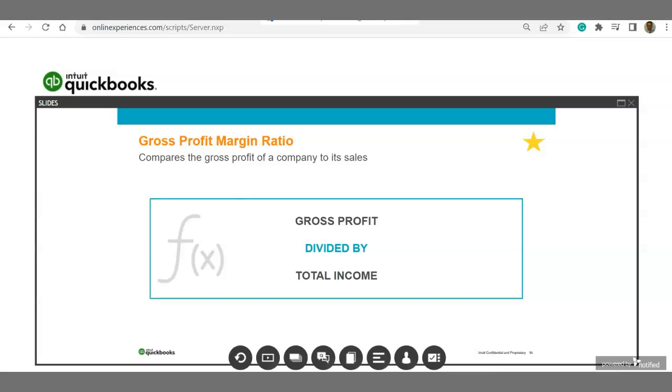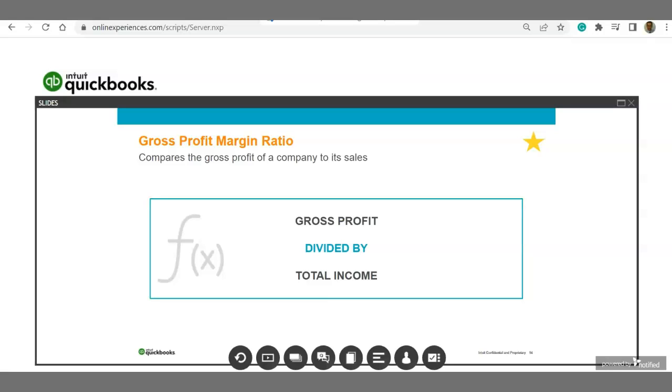But when you add the word margin to it, now we're talking about a ratio, a percentage value. So the gross profit margin is just taking the gross profit, the monetary value, and dividing it by total income.